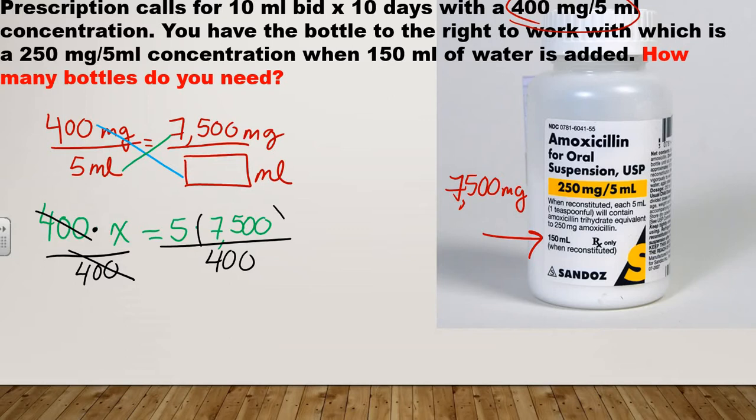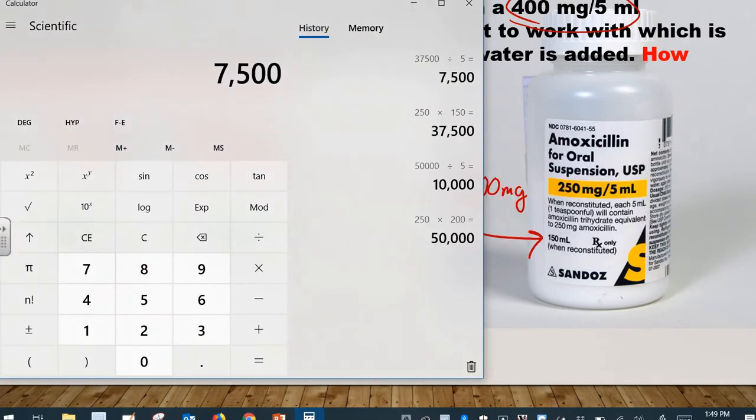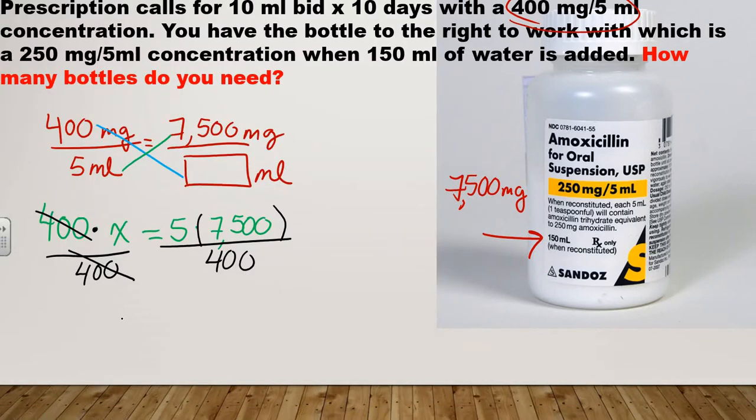So we are going to do 5 times 7,500 divided by 4, and that is going to give us 9,375 milliliters of liquid. 9,375 milliliters of medication.